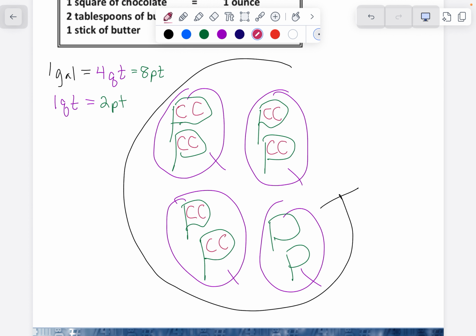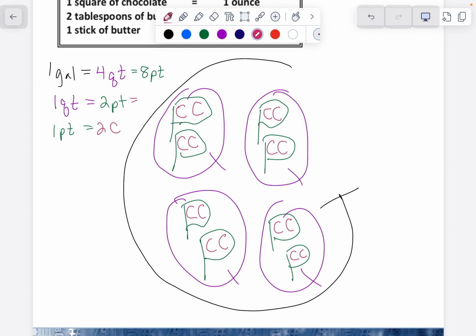So that means that 1 pint is equal to 2 cups. So a quart, if we just focus on a Q, that's 4 cups.